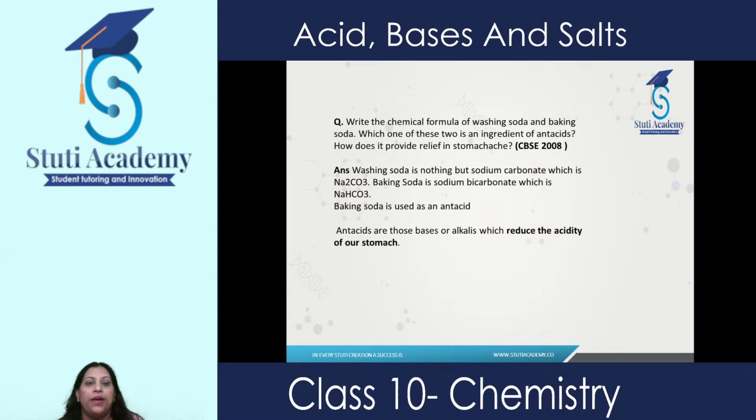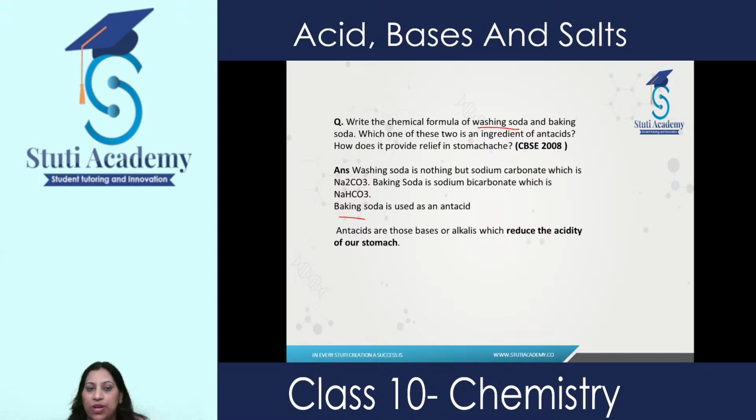Next is, write the chemical formula of washing soda and baking soda. Which one of these two is an ingredient of antacid, and how does it provide relief in stomachache? As I told you, washing soda is sodium carbonate, Na2CO3, or we can write sodium carbonate decahydrate.